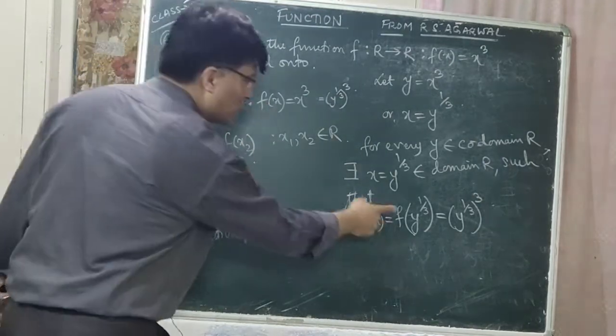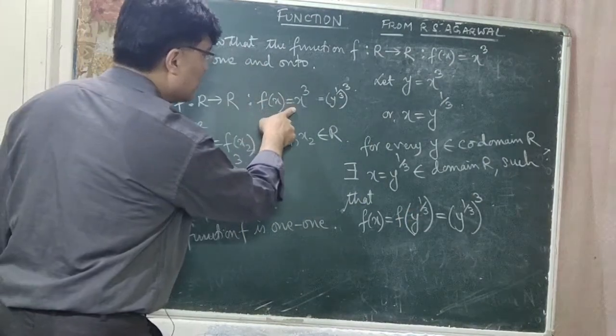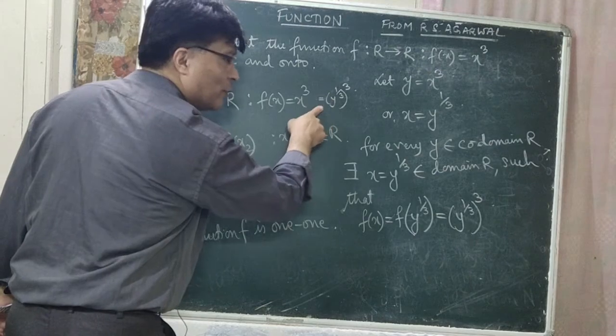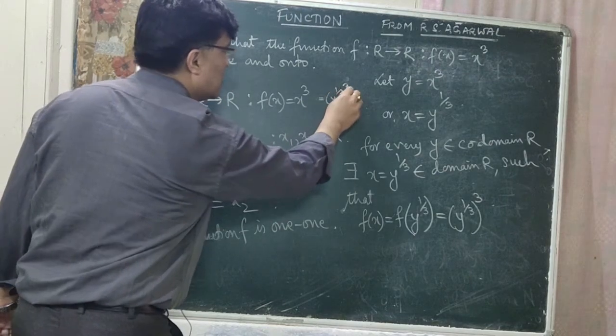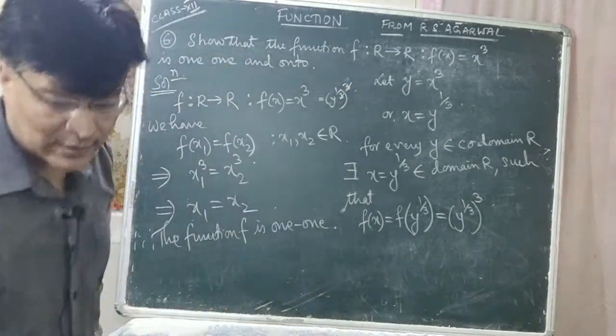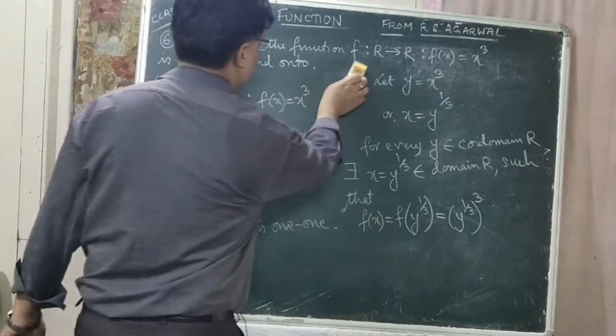Instead of x, we put y to the power 1/3. The 3 will be cancelled. So I think you have understood it.